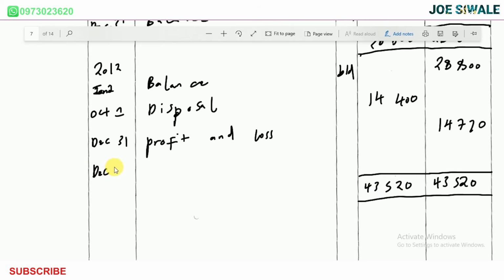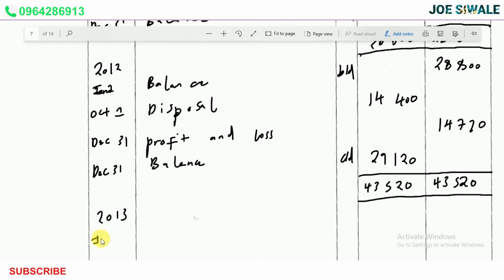So on 31st December, we're going to put our balance carried down there. And for us to find our balance carried down, we're going to subtract 14,400 from 43,520, and our answer there is 29,120. So there, in the next year 2013, we're going to put our balance brought down.